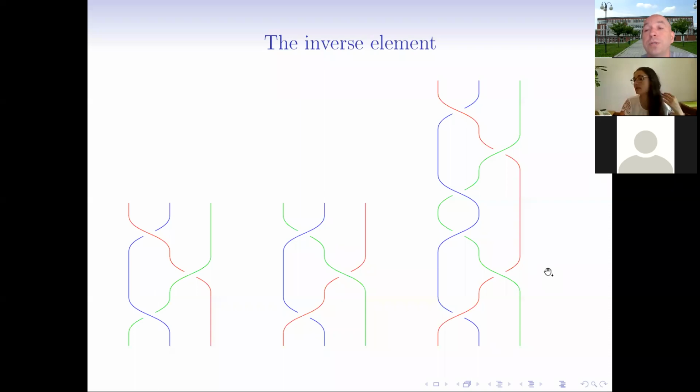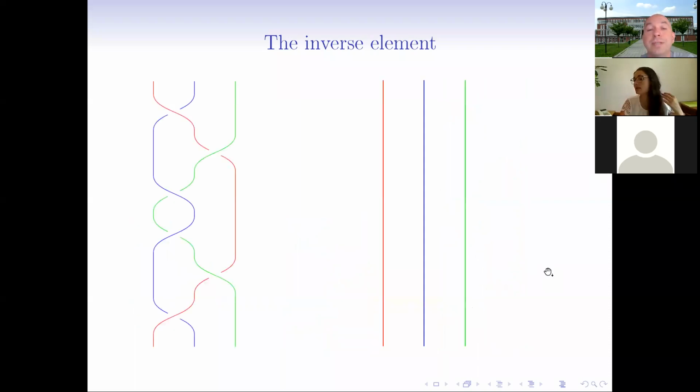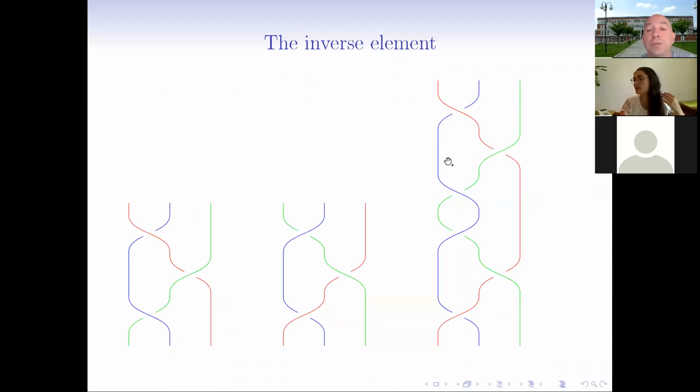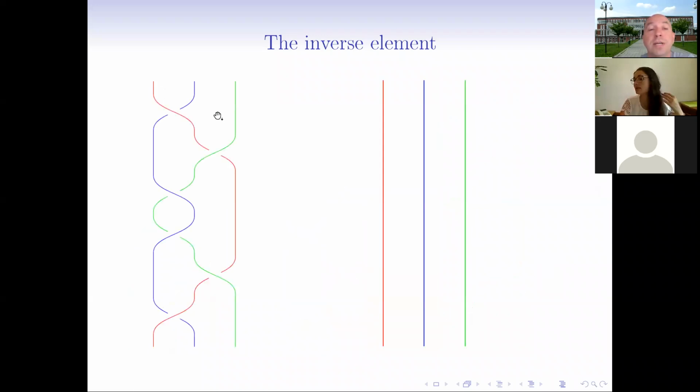But in fact, it's not, because now we will do the isotopy, right? We take the one which was on the right-hand side. I just copied this. And then pull out by the ends, beginning and ending of the threads, and we'll obtain three straight lines. They should be somehow longer, right?